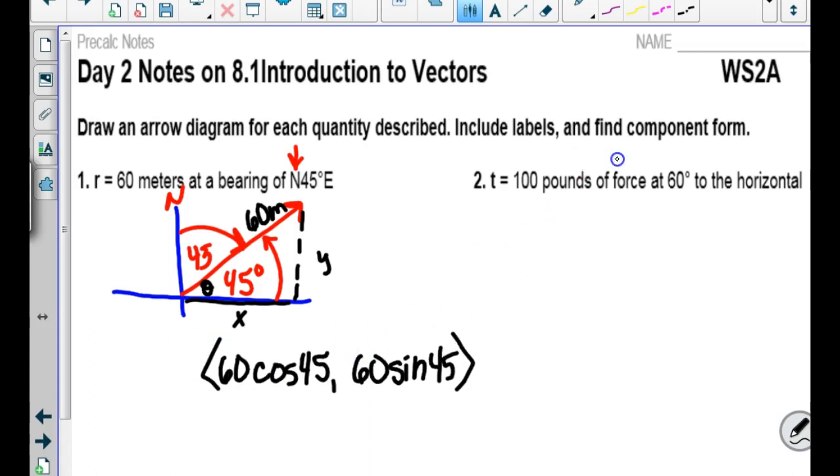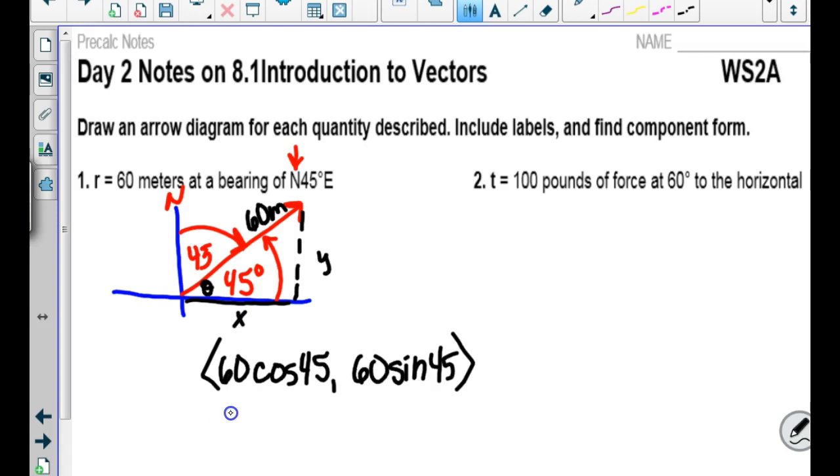Now, when it says find the component form or find the horizontal and vertical components, component form generally needs a signed number, so what quadrant you're in. If it says find the horizontal and vertical components, you actually don't have to give the sign, but it will help us greatly when we start adding them. Cosine and sine of 45 are just square root of 2 over 2, but we can do decimals. So what mode does your calculator need to be in? Yeah, just degrees.